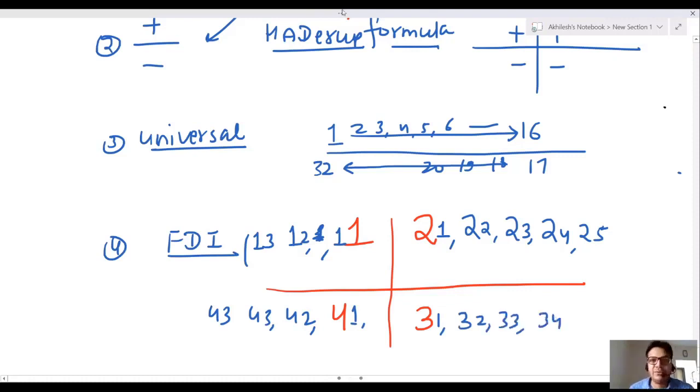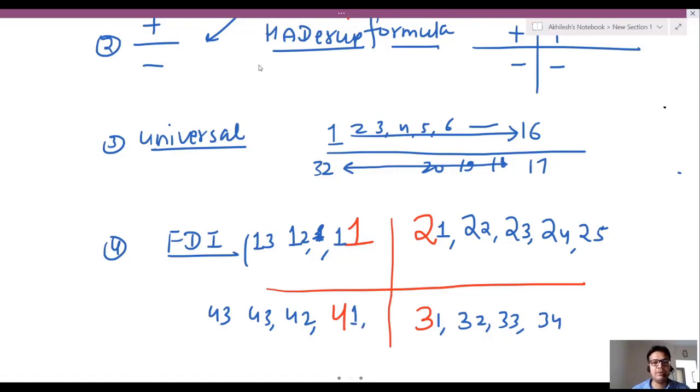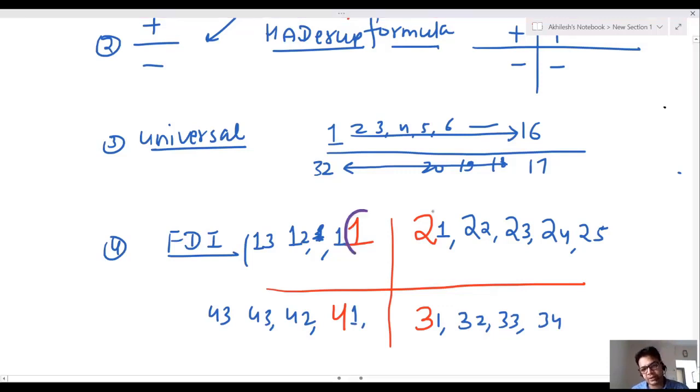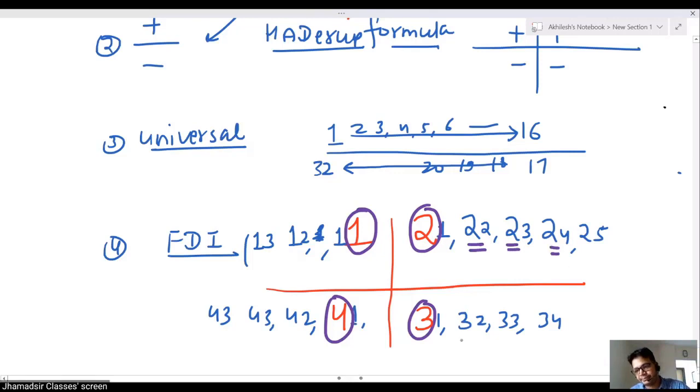Actually, sir, the first digit should be the number of the quadrant. Then it is the same as Palmer notation. In 2 1, the first digit is the number of the quadrant, then it is the number of the tooth.